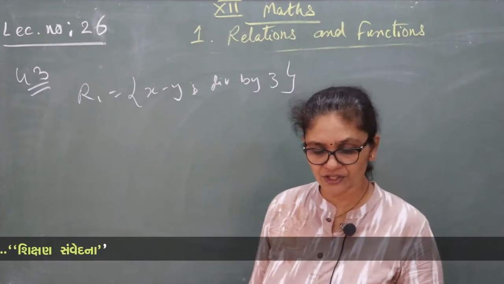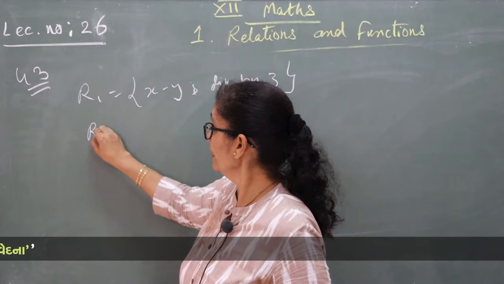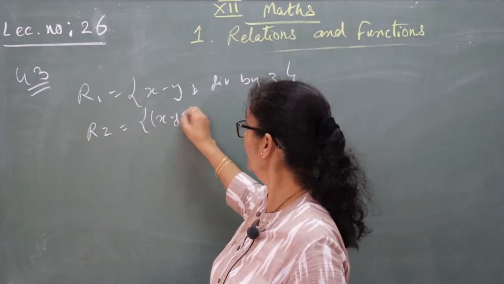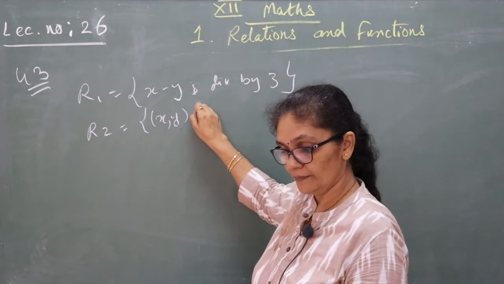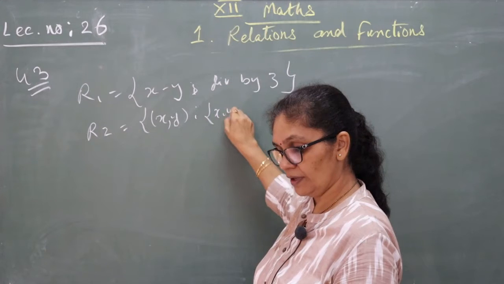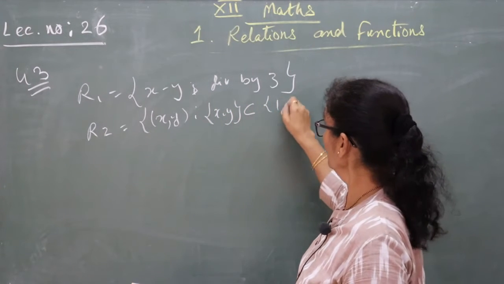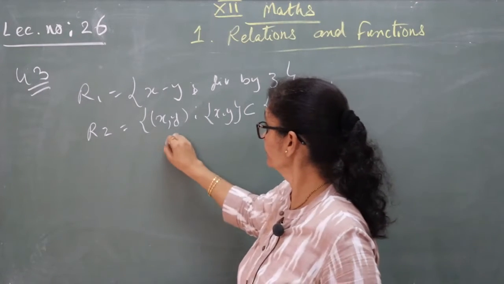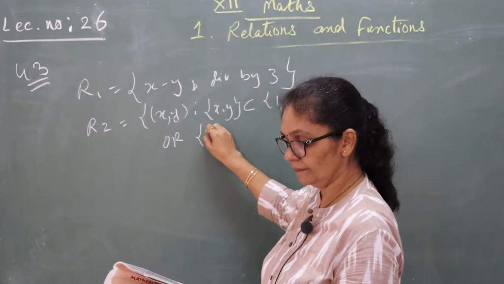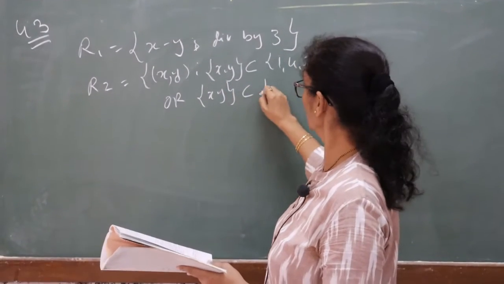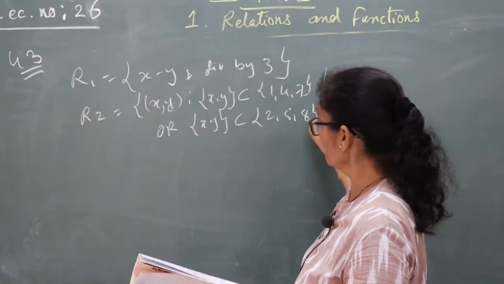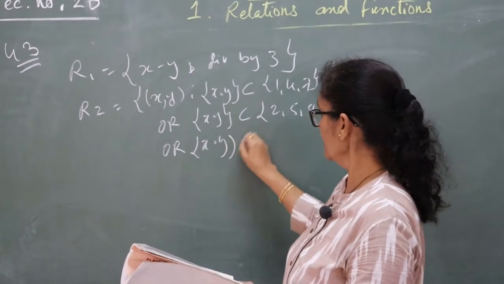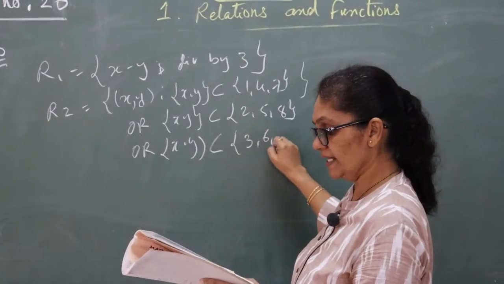What is the second relation mentioned? The second relation is R2, that is (x, y), and it is (x, y) subset of {1, 4, 7}, or (x, y) subset of {2, 5, 8}, or one more thing is mentioned, (x, y) subset of {3, 6, 9}.